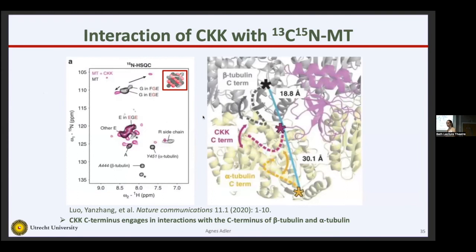Also from the QuiUM data, it seems feasible that the tails are interacting with the CKK. The thing is that CKK has a long C-terminal tail that is also flexible and therefore not visible. And therefore, this information is, of course, not obtainable by QuiUM.